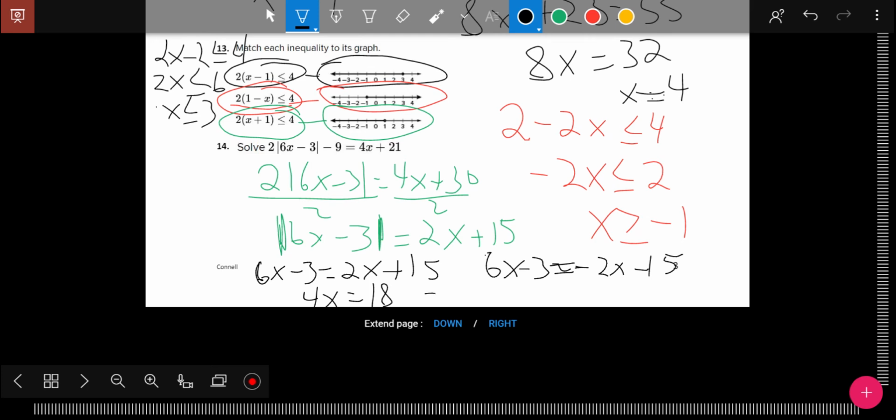Divide both sides by 4, and I get x equals 4.5. Here I would add 2x over and add 3 over, and so I would get 8x equals negative 12. Divide by 8, and I get x equals negative 12 divided by 8 is 1.5. So negative 1.5.